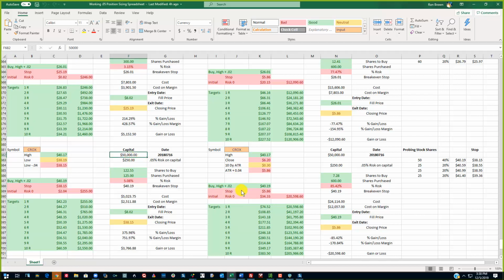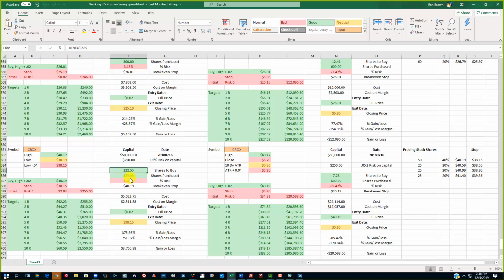and depending on the amount of capital you're risking, and I'm only risking a small number here, $250 on this trade, it's telling me that my risk on this, if I use these numbers over here, is going to be 5.08%, and I'm only allowed to buy 122 shares if I want to limit my loss to $250.